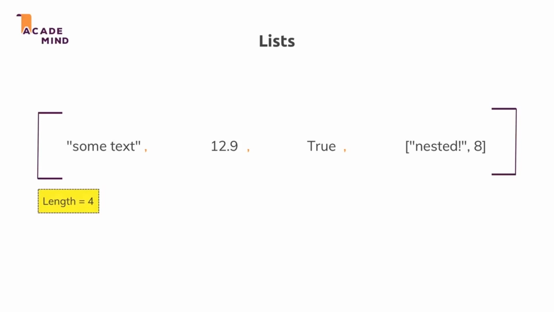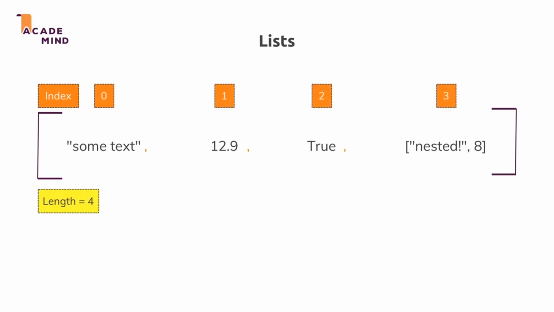Now, typically, we don't just want to have a list to look at it. We also want to be able to access the elements in our list and change them or output them. And for that, we'll need something which is called the index. Each element in the list has its own index, and here is something very important, which is something you have to memorize. The index in Python lists starts with 0.